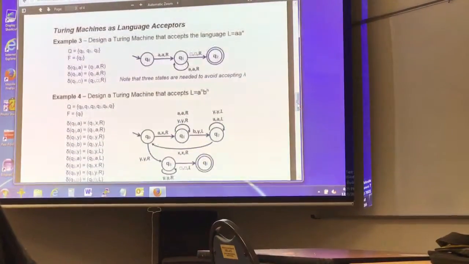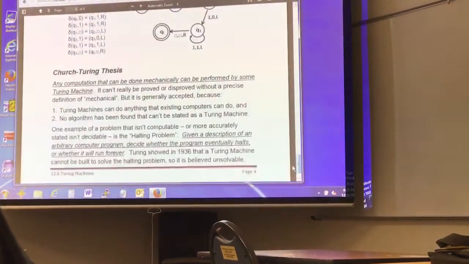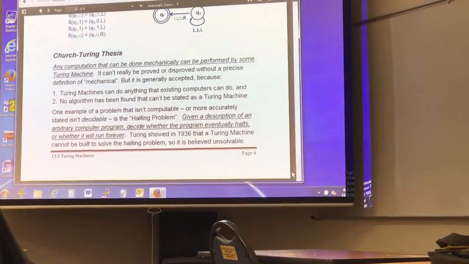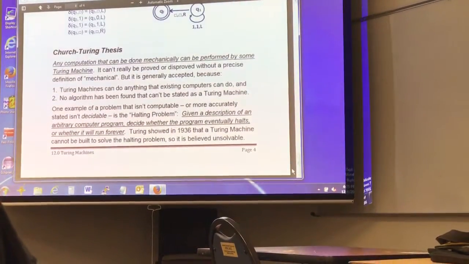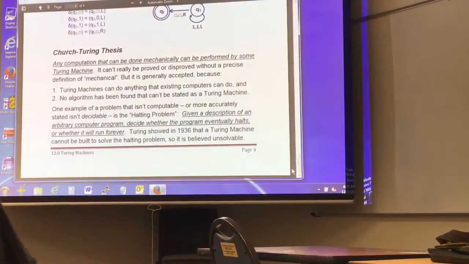There are examples in the notes of various Turing machines doing various things. You should understand the Church-Turing thesis, what it means and what its importance is in computer science.